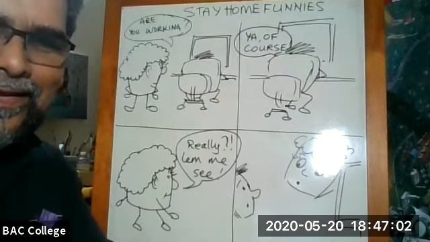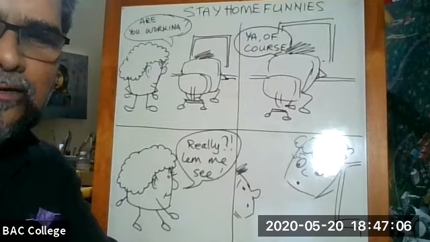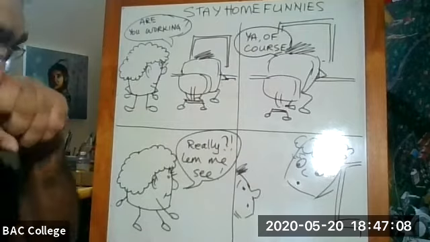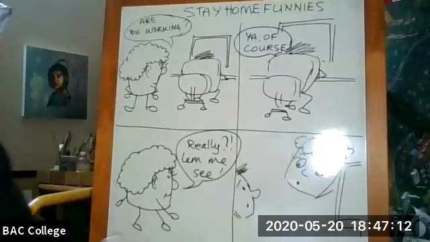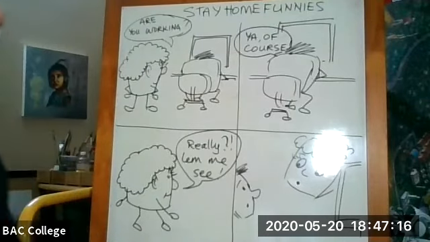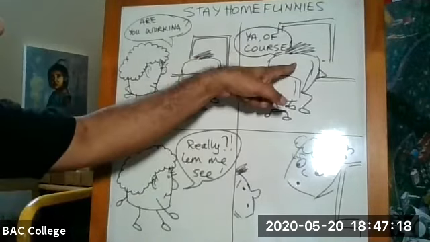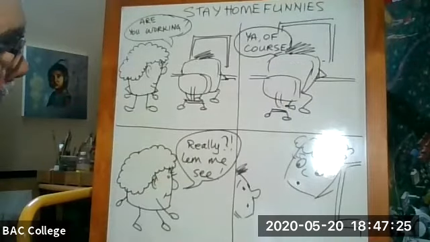Wait, hang on. What do you think the husband is doing in front of the laptop, in front of the computer? First she says, are you working? And he says, yeah, of course. And then she says, really, let me see.